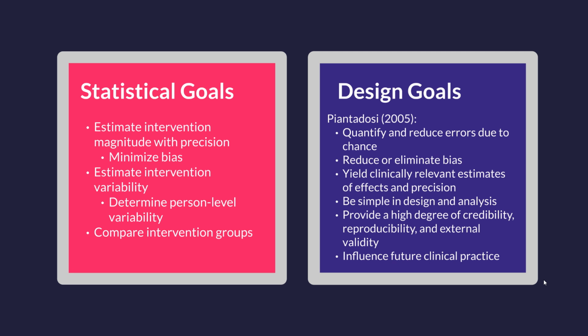We want to estimate the intervention variability. So if we have participants that enter that are seemingly homogeneous and they end up in different places, what is that variability? So that's determined person-level variability. And if you have subjective measures, you want to be aware of the rater variability or the variability inherent in the outcome itself.